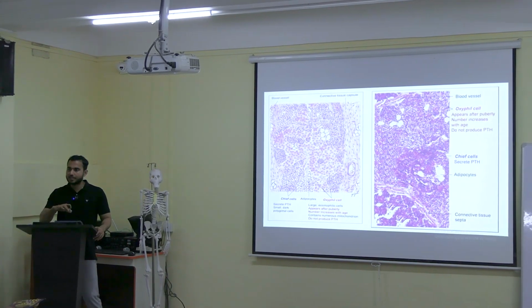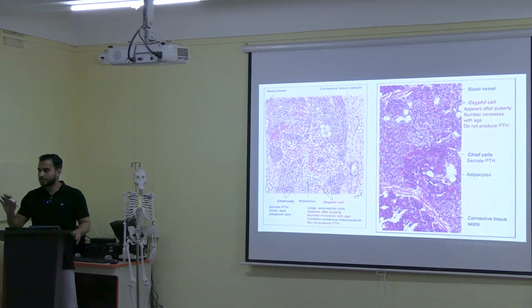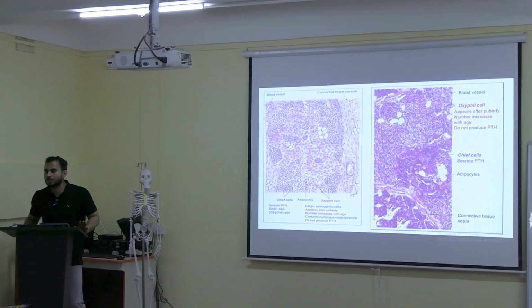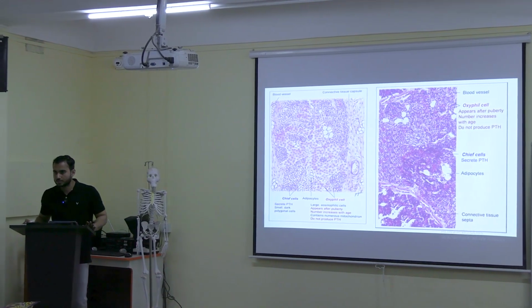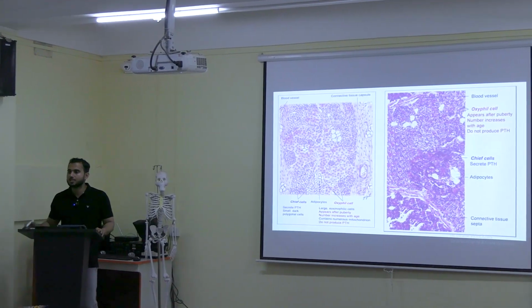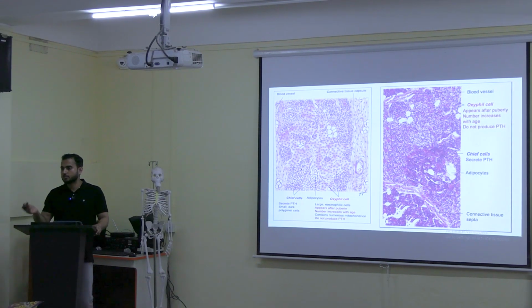Next, inside the incomplete lobules, you can see only two types of cells. Here follicles are absent. What are the two types of cells? Yes, oxyphil cells and principal cells. Which cells are the most numerous? Principal cells. How to differentiate between these two cells? By staining property.